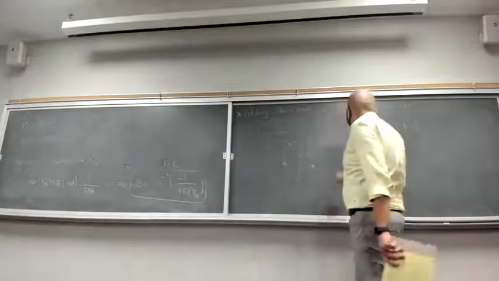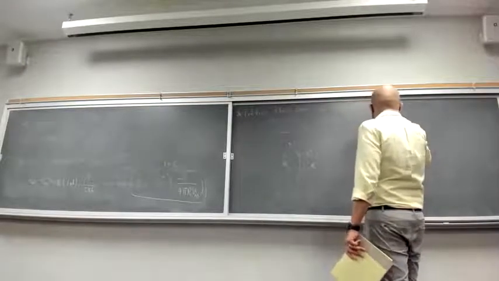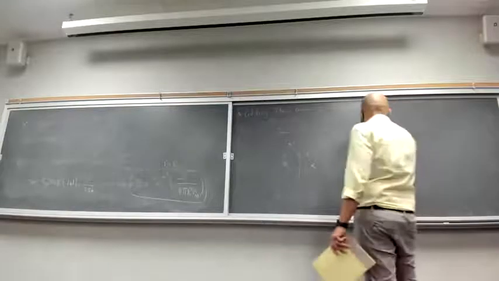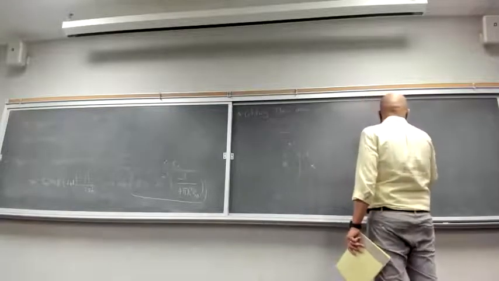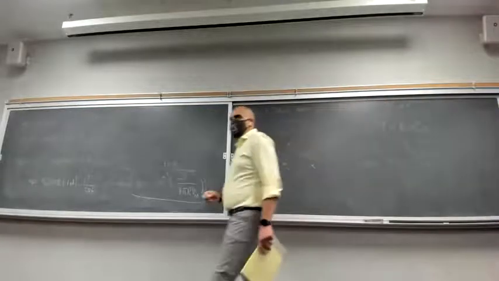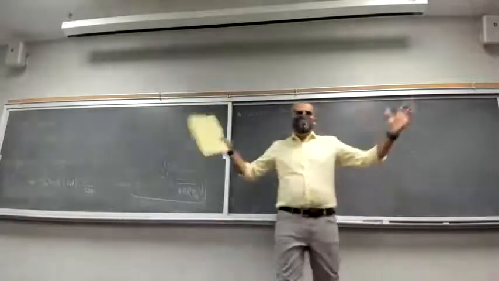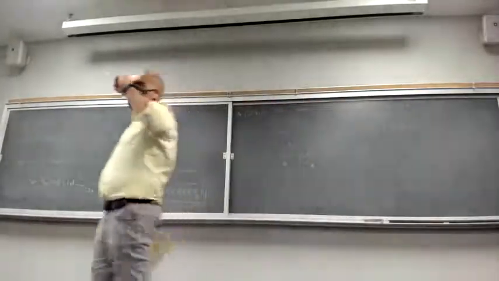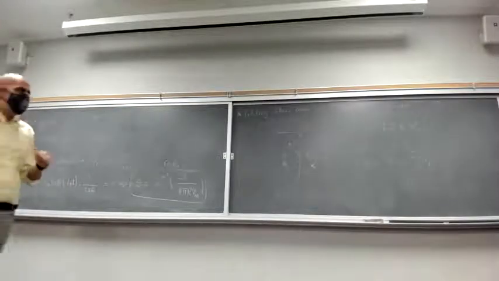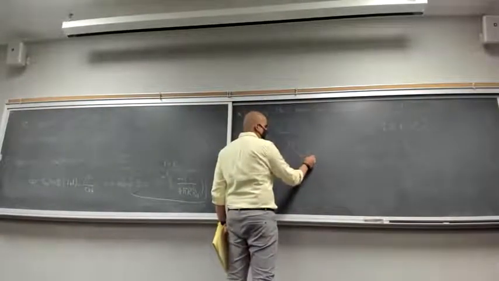Let's actually do this. Let's say sine of theta is negative 1/2, right? And we want to find theta. Sine of a random arbitrary theta is negative 1/2. What is that theta? This value, right? 30 degrees.